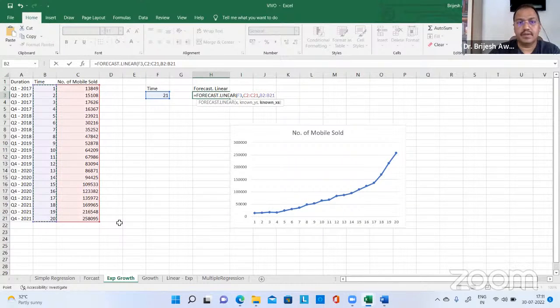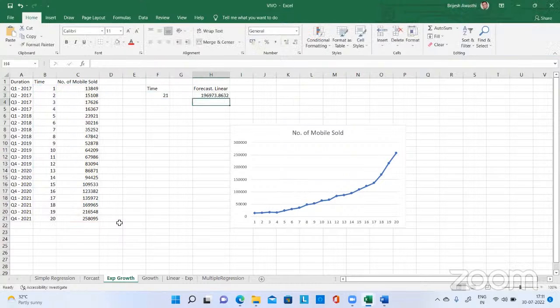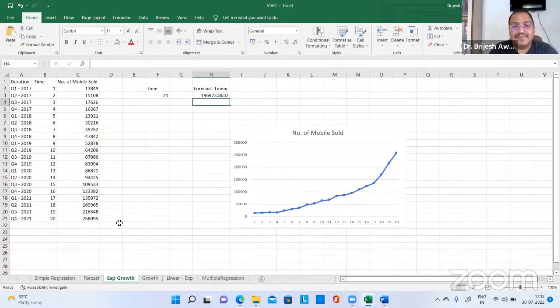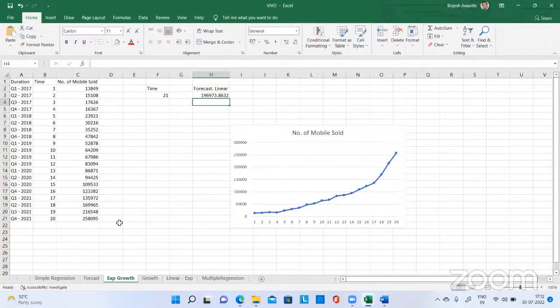What is the forecasted value? 196973.3. And one important thing, your forecasted value for the next quarter is lesser than the previous two quarters now.